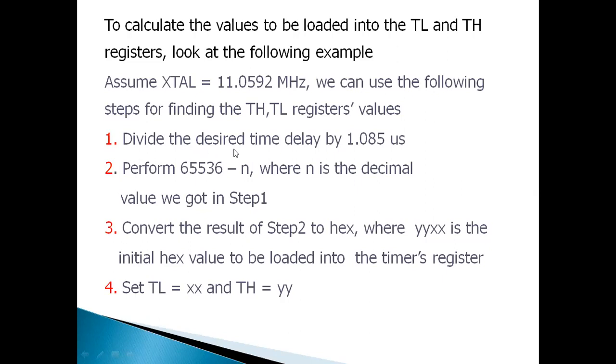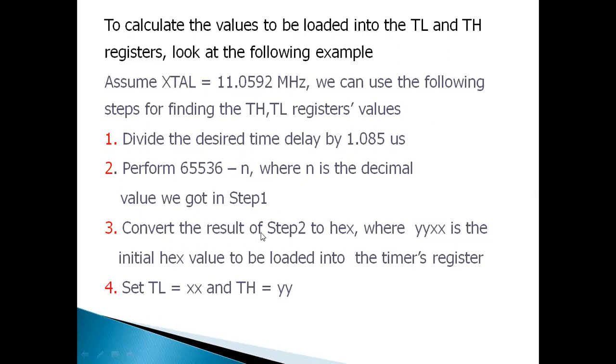First step is divide the desired time delay by 1.085 microsecond. For the given xtal value, this is the value we have to take. Then second step is perform 65,536 minus n, where 65,536 is the decimal equivalent of FFFFH and n is the decimal value we got from step 1.